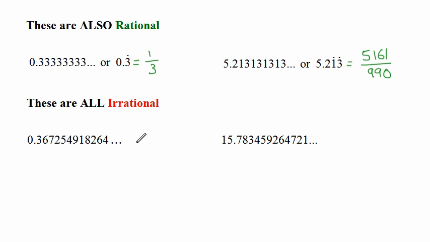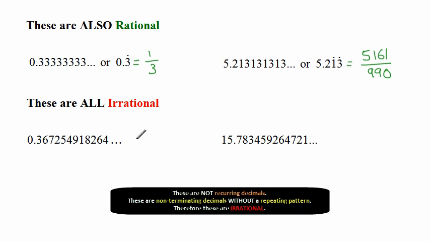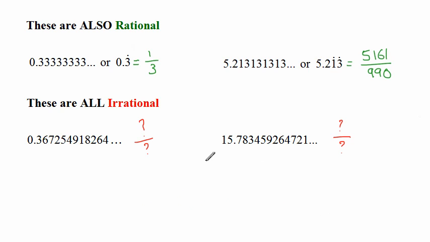As for these numbers here, they are non-terminating decimals without a repeating pattern. Hence expressing these as fractions is impossible. And which is why these are irrational. Okay, now before we finish up, let me just quickly show you some more examples of irrational numbers.